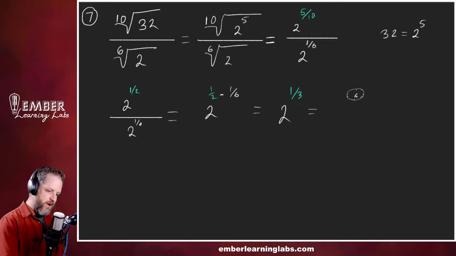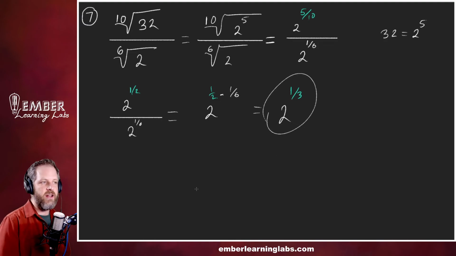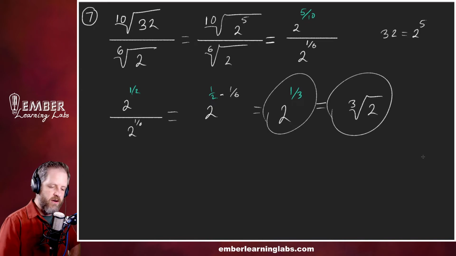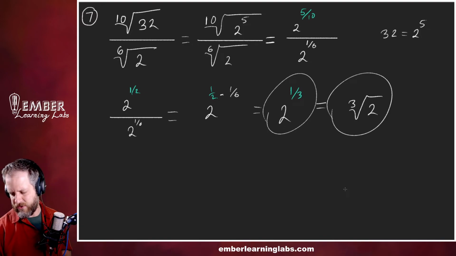And so where we should have been is we could leave it like this if it doesn't say whether we want to leave it as rational exponents, or if we want to convert it back to radical form, we could also have the cube root of 2. Both of those are valid, simplicity, and all of those things.